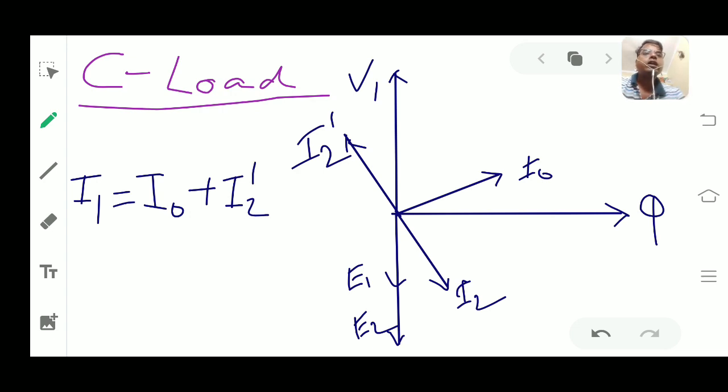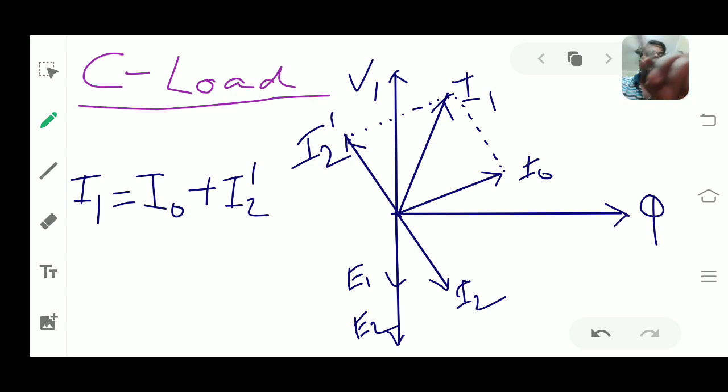So here we will add these two vectorially. See, I am adding. So it will be somewhere here. So this will be I1.